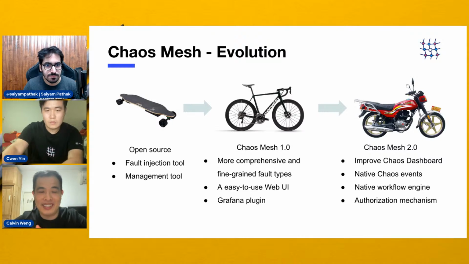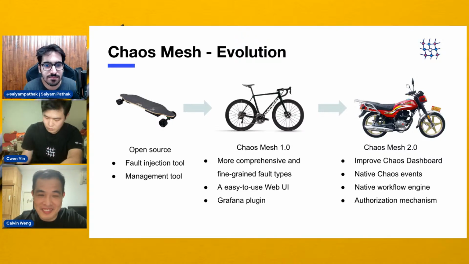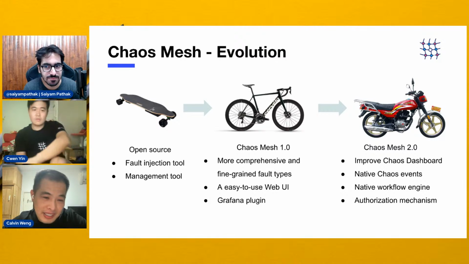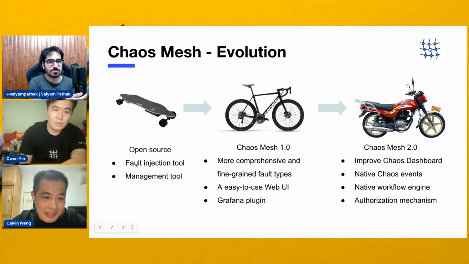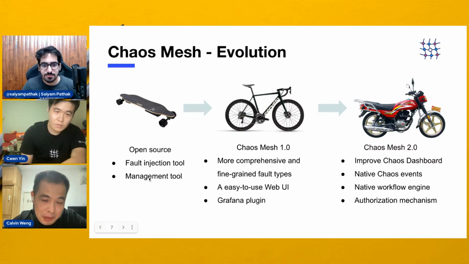And that's the timeline, and this is a very funny demonstration of how Chaos Mesh evolves. When we first open sourced it, it was very simple. We just provided it as a fault injection tool, with a very simple management UI, mostly through command line.